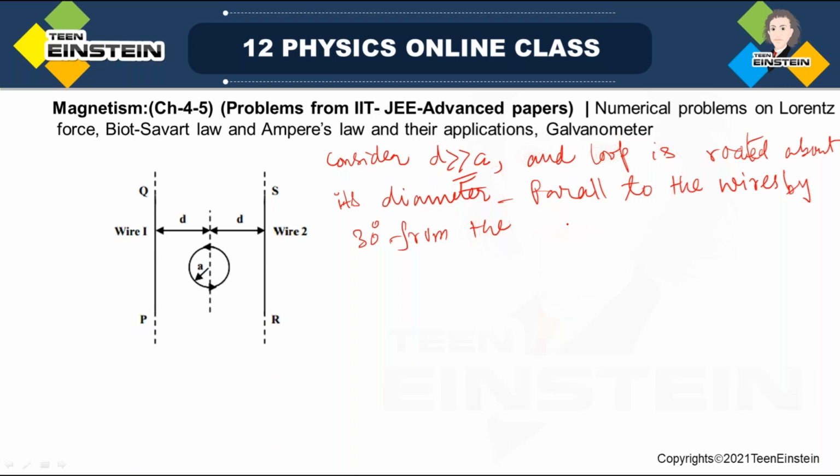So if the currents are in the opposite directions, you have to find out the torque on the loop at its new positions.